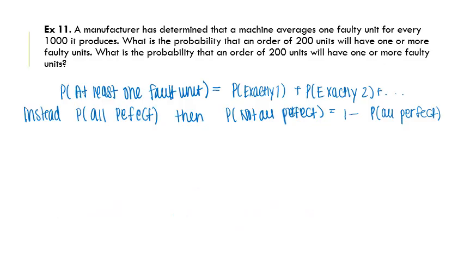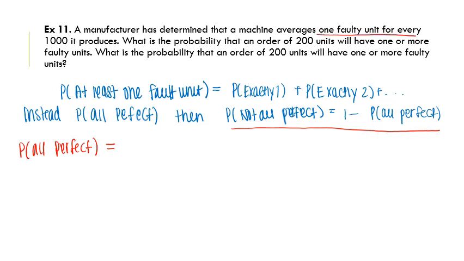Okay, so I'm going to go ahead and find these values here. So first we're going to find the probability of all perfect. So the probability of 1 being perfect is, well, there's only 1 in every 1,000 that's faulty.